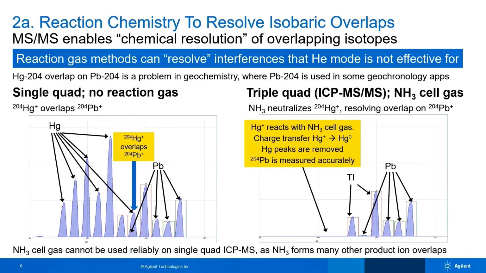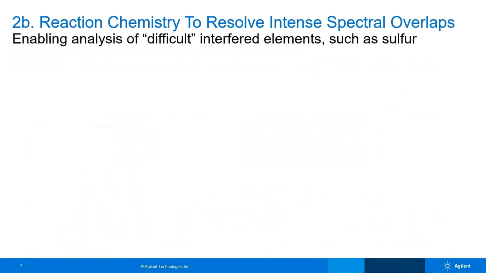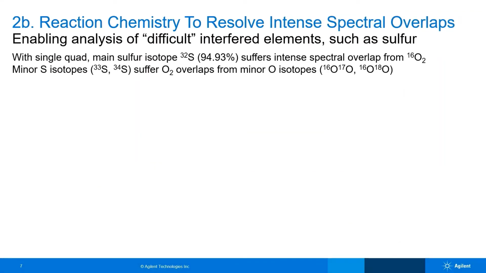So if there are any other ions present in the cell, the ammonia will react with them and form product ions that overlap on the masses that we're trying to measure. And also the lead 204 and mercury 204 isotopes are so close in mass that it's impossible to resolve them using high resolution ICP-MS.